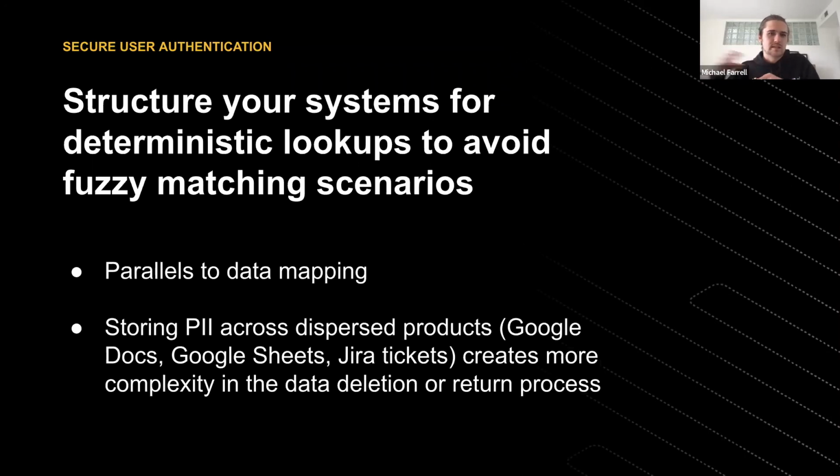Let's go to the team that's programmatically dumping data into Slack or some Google Sheet and say, hey, can we move this into another place where we can have access to it and manage the compliance aspect of that data in a deterministic way, so we're not guessing and having the opportunity to either return someone else's data, add manual steps to a privacy request process, or key the wrong data because it was a fuzzy match.